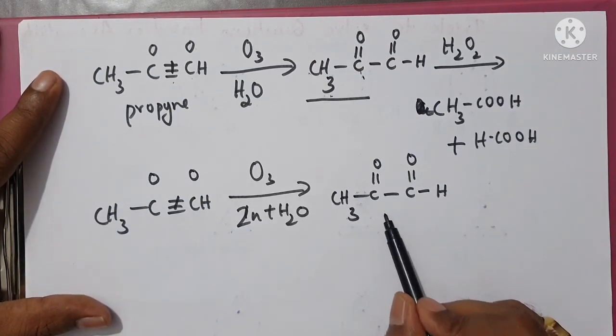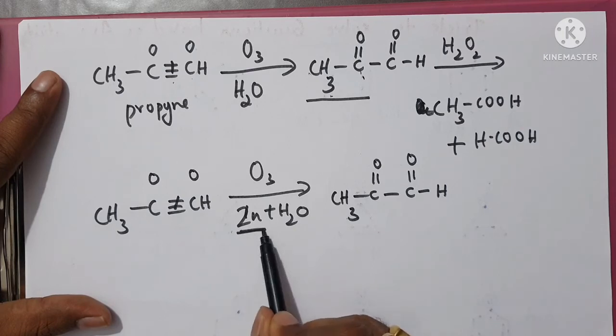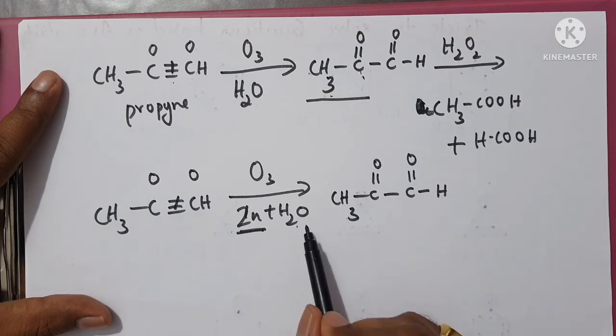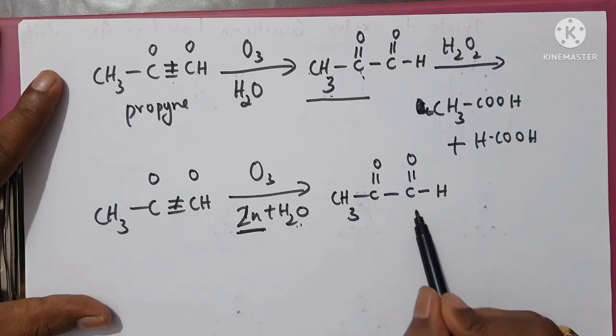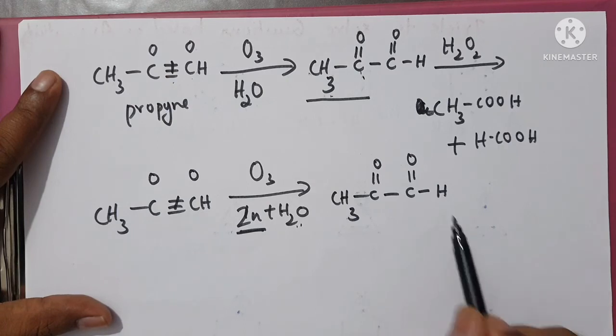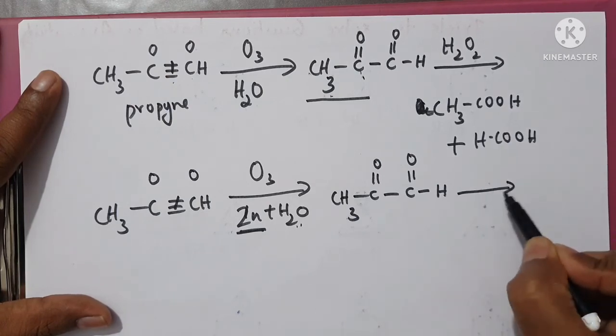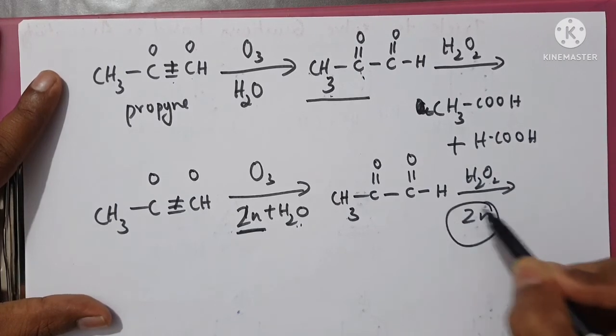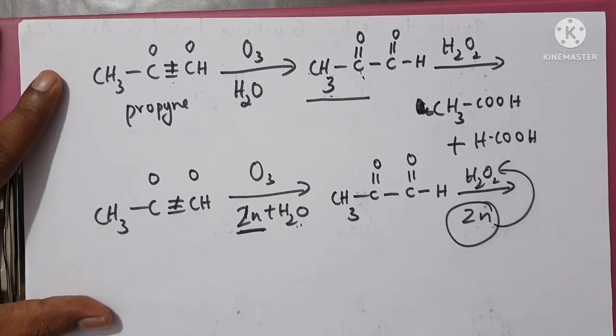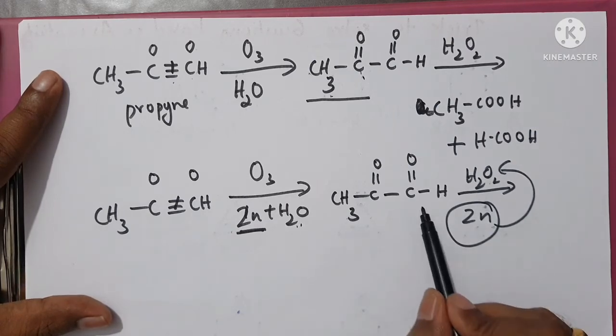Here, because of the presence of zinc, it will not allow the water which will be oxidized to hydrogen peroxide to further oxidize the ketone into carboxylic acid. This H2O2 is completely destroyed by this zinc, and that is why the product will be stopped at ketone.